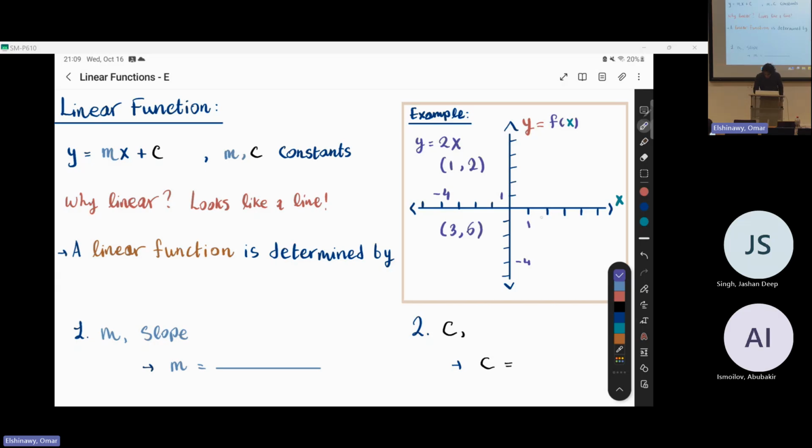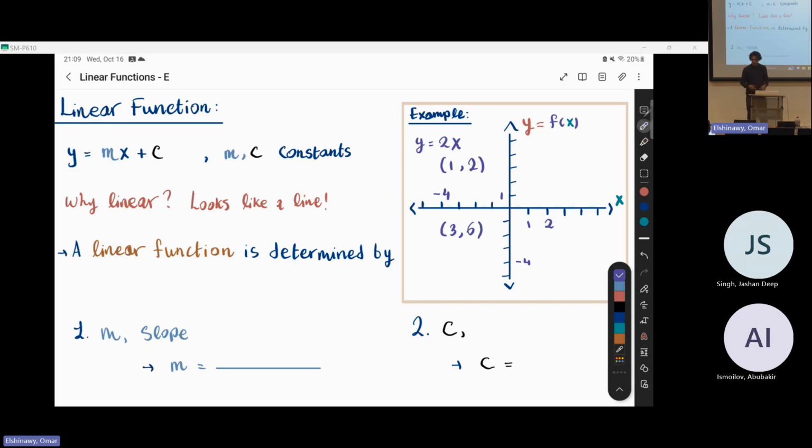So 1 and 2, I'll plot this. So I'll go one step on the x-axis. So I'll plot this. This is, by the way, a graph of y with respect to x. So I put the x value here, and I put the y value there.